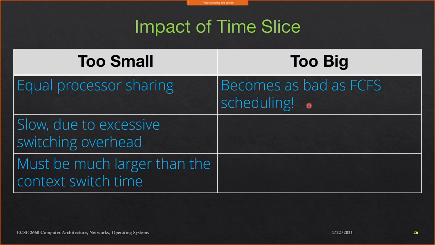A process can just hog up the CPU resource forever. So then we are not really having any kind of fairness in terms of scheduling processes. So you would want your time slice chosen in such a way that it is not too small nor too big. You would want it to be larger than the context switch time.